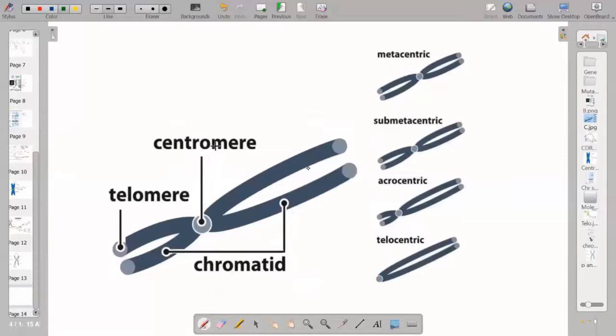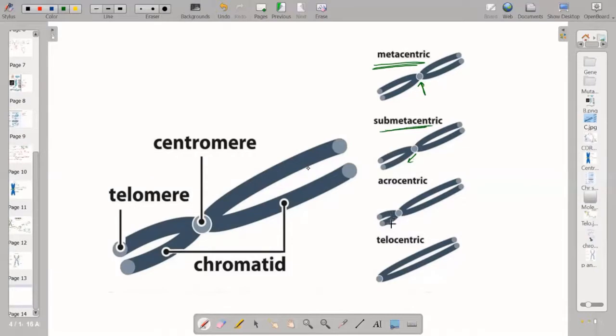If the centromere is exactly somewhere in the middle, with almost equal arms, this is called a metacentric chromosome. If the centromere is more towards one side, so that you see unequal arms, one smaller and one a bit longer, then it is submetacentric.